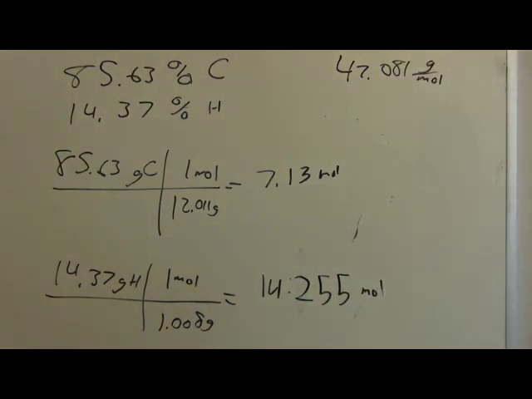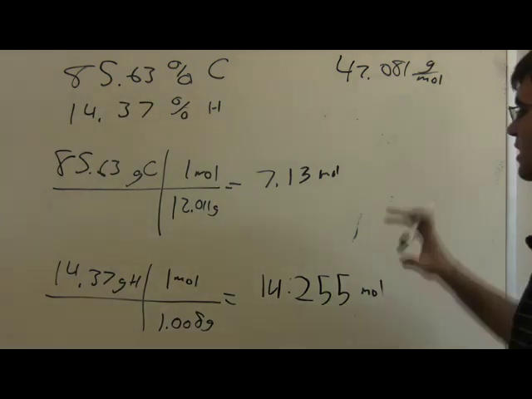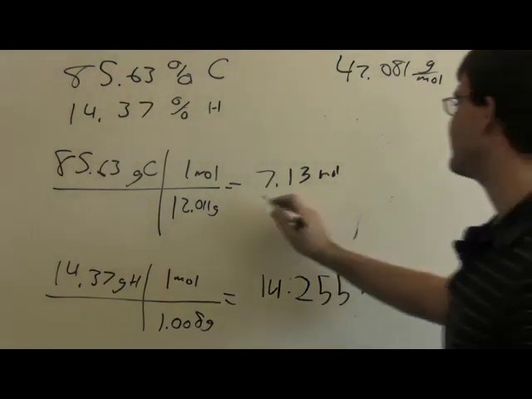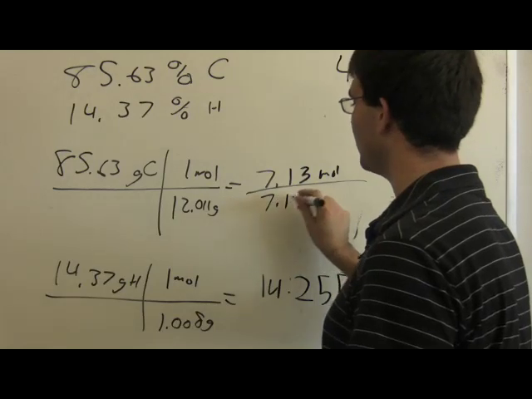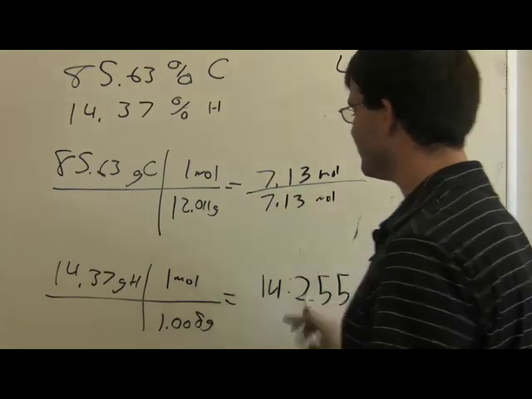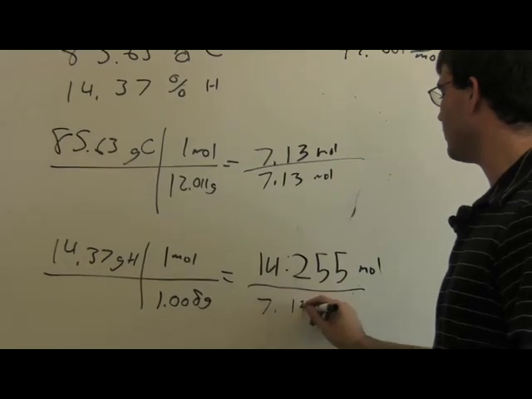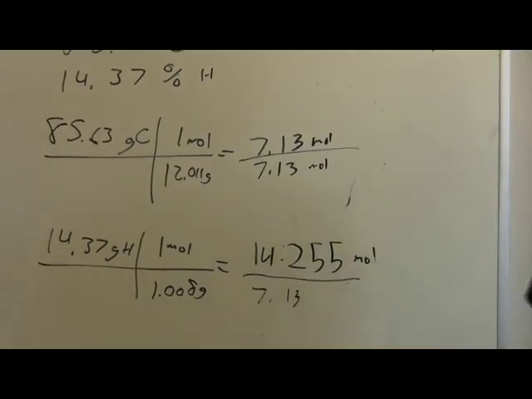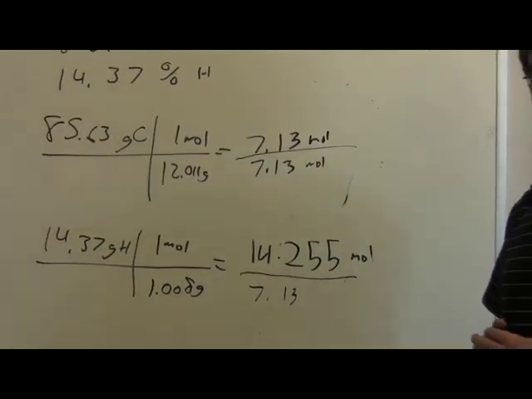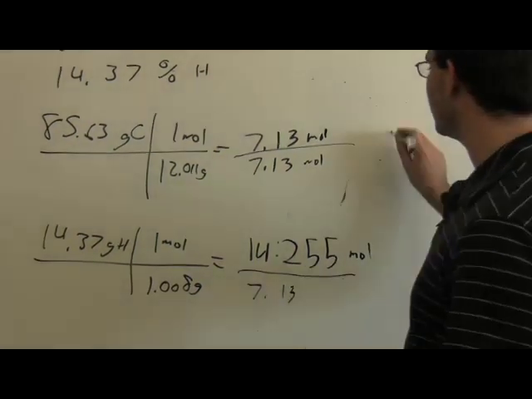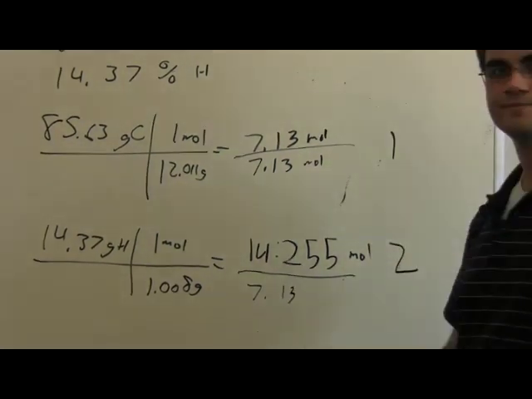This is a ratio of moles to moles. Take your smallest one and divide it by itself, 7.13. Also do the same with this. Divide it by the 7.13. You will get a number that's a whole number ratio. This ratio in this case is a 1 to 2.